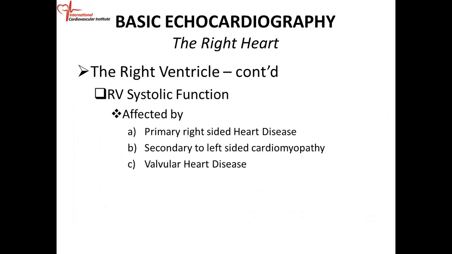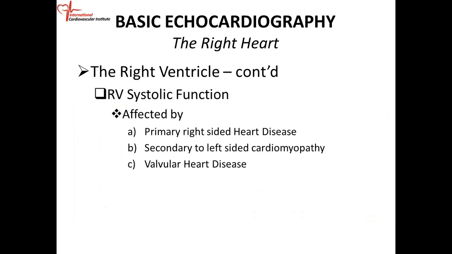And when we started the lecture, we outlined some of the things that can affect RV function. RV infarct, a heart attack involving the RV wall. We talk about the arrhythmogenic RV dysplasia. We talk about cardiomyopathy. So those are some of the conditions that can affect the function.